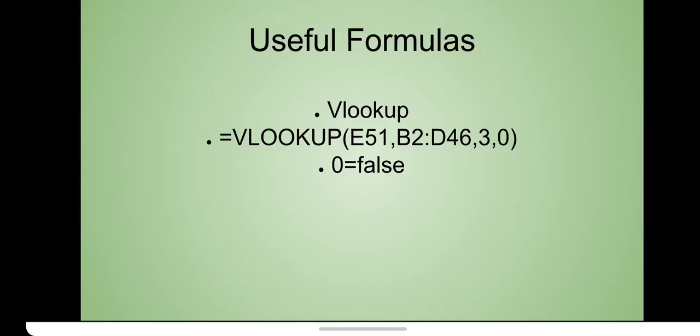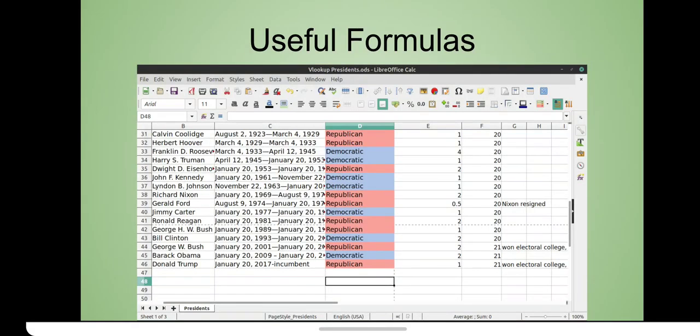Now, you might ask, why would you use VLOOKUP? Well, let's say that here we are with our old spreadsheet of all the presidents, going all the way back to George Washington, with all of their political parties, and so on. Even though it's a small data set, it could always be much bigger. And maybe 100 years from now, this would really be useful.